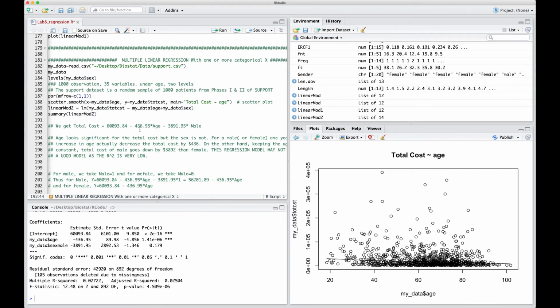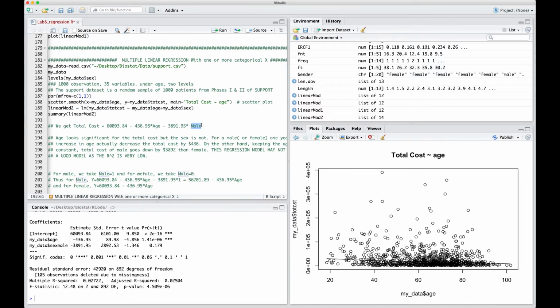Because it will be decreasing by 1 times 436.95 when you increase age by 1. That's what it's saying. On the other hand, keeping the age constant, total cost of male goes down by 38.92. If you keep male constant, then the total cost goes down by 38.92.